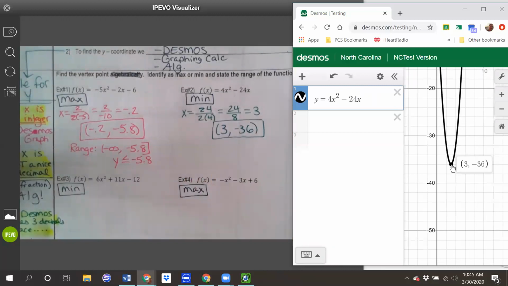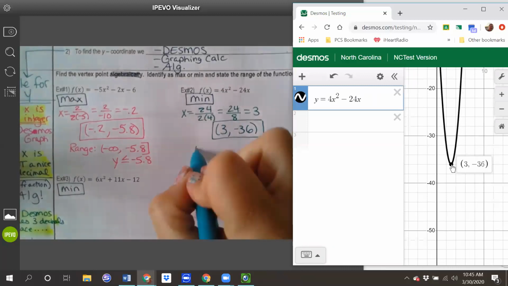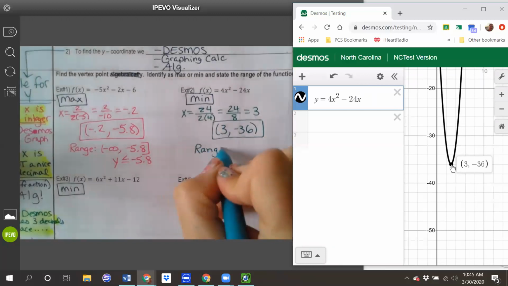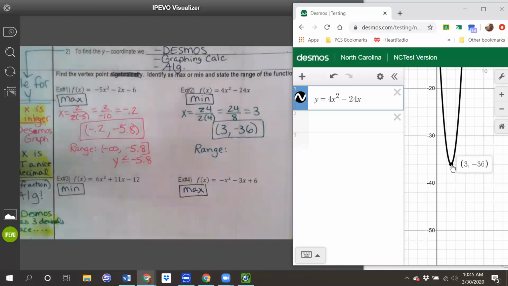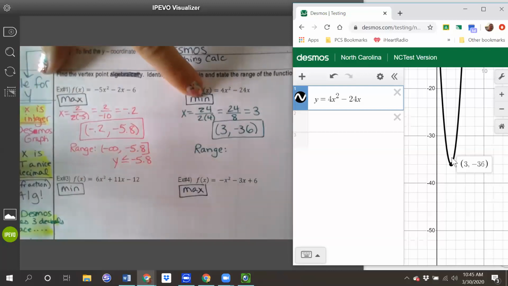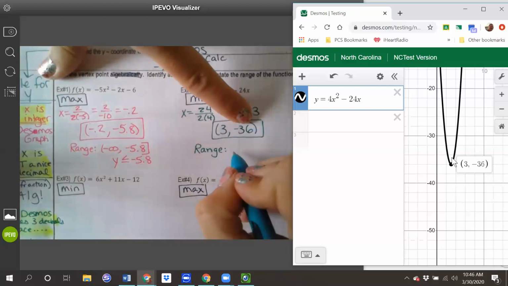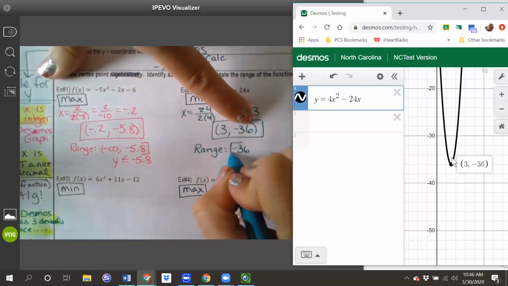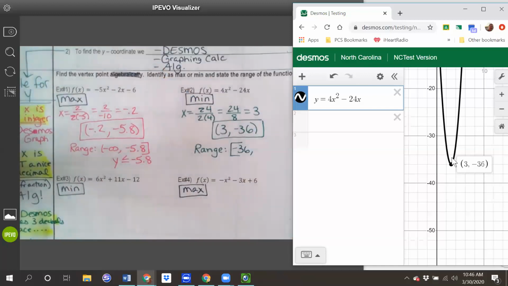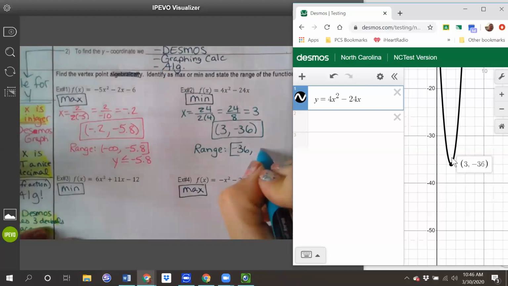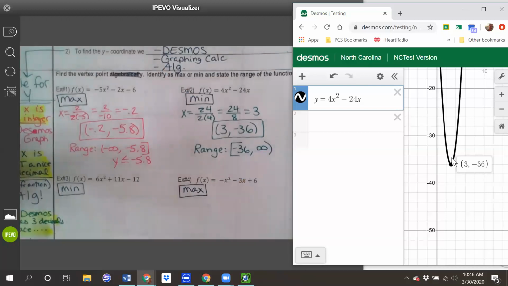This is a smile. So that means that for your range, we always go from small to large. The smallest point is right here at its minimum value. So the minimum value is negative 36, and a smile is going to go up forever, which is positive infinity.